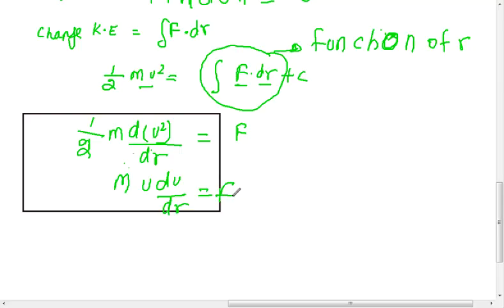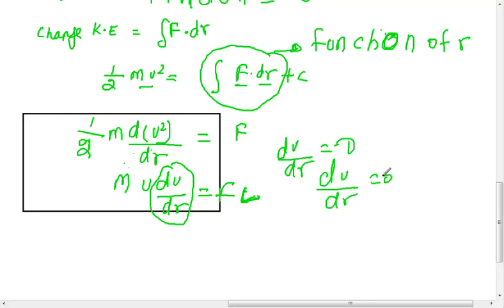Now see here, if velocity is maximum, then this f should be 0, because if velocity is maximum, then dv by dr is going to be 0.